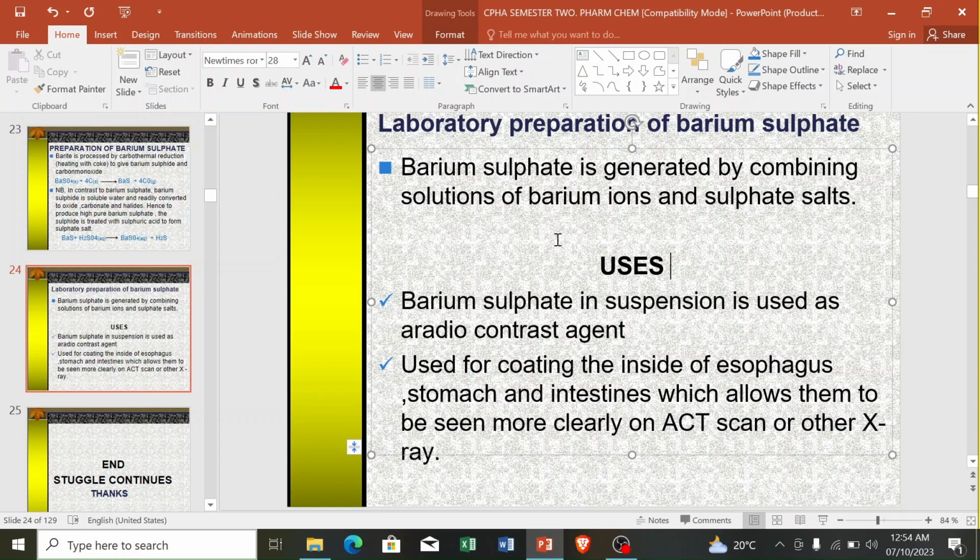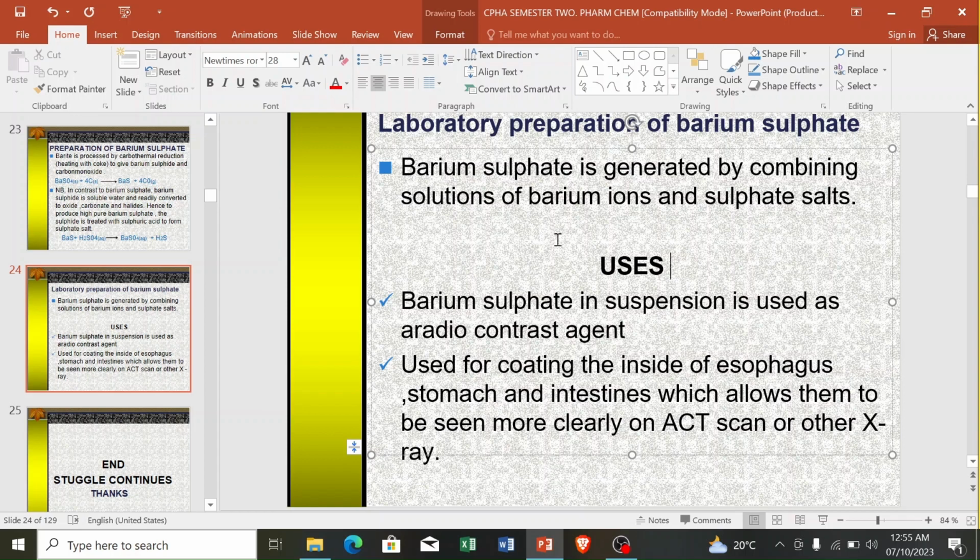A barium meal is when we give this barium sulfate to a patient so that in imaging we are able to view and observe anything a patient is complaining about that concerns the GIT, the gastrointestinal tract.